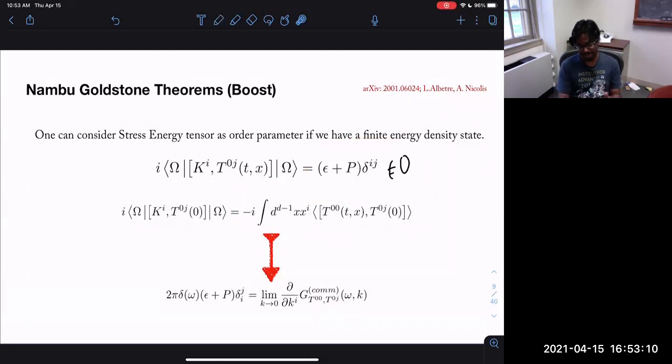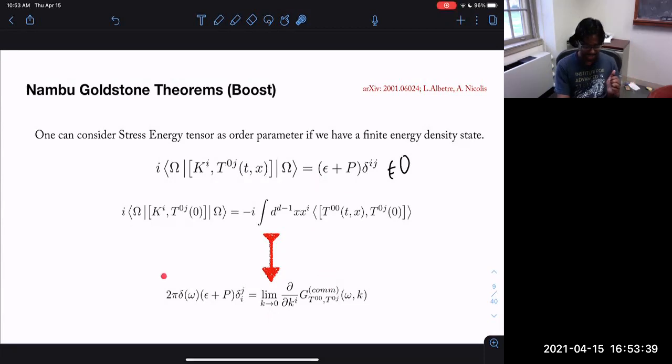You can easily see that in the momentum space, this becomes simplified because this integral goes away, and then xi becomes a derivative in the momentum. So you can write down a momentum space version, which tells you that the Fourier transform of the commutator, the derivative of that, if you take a soft limit, which is k going to 0, has to contain a delta function, and the proportionality constant would be related to this epsilon plus P.